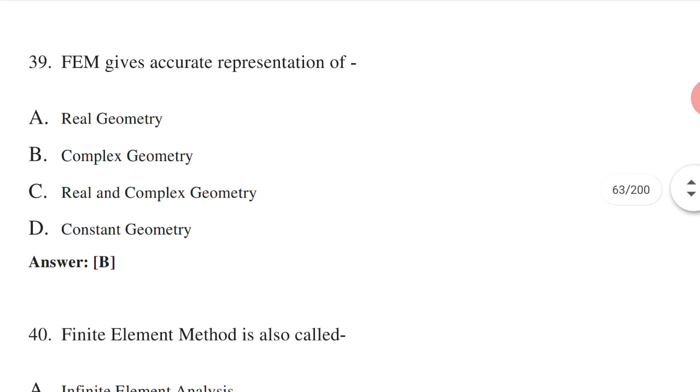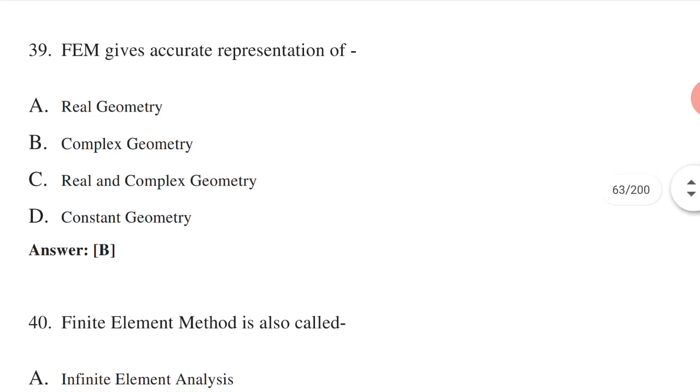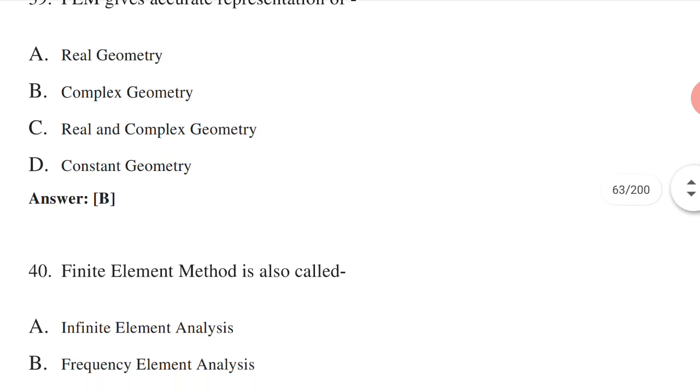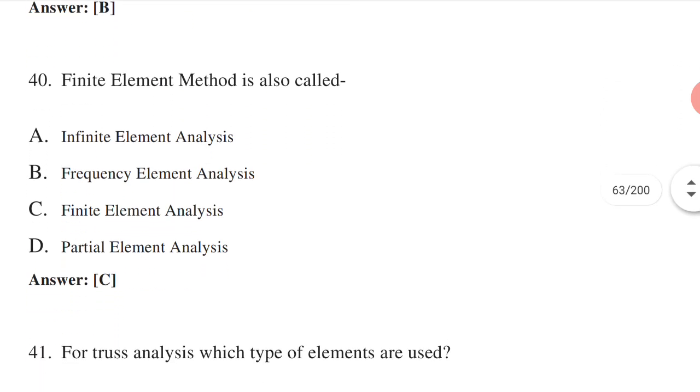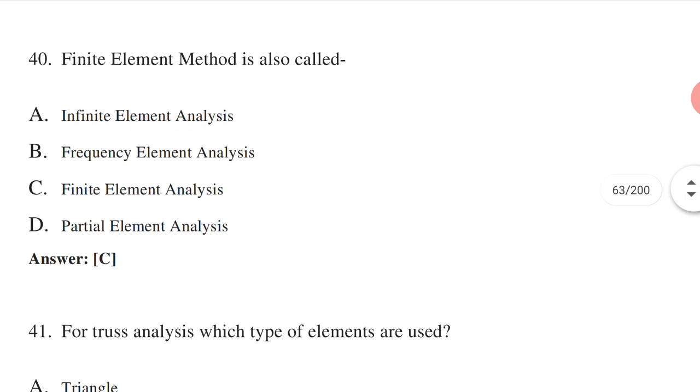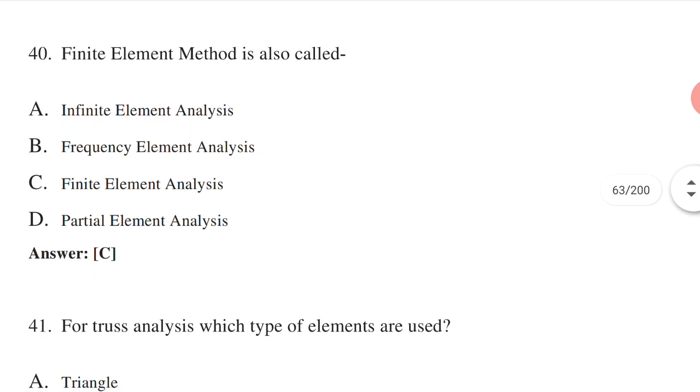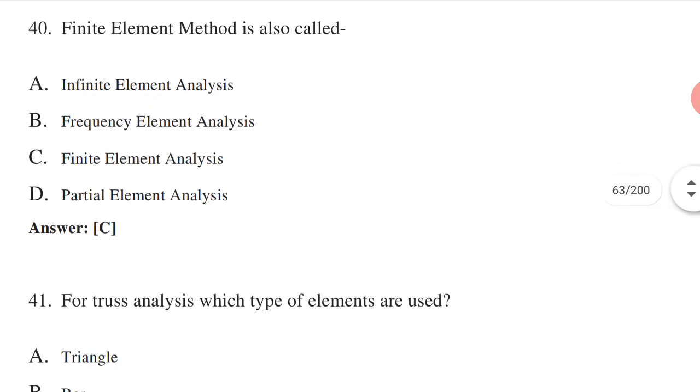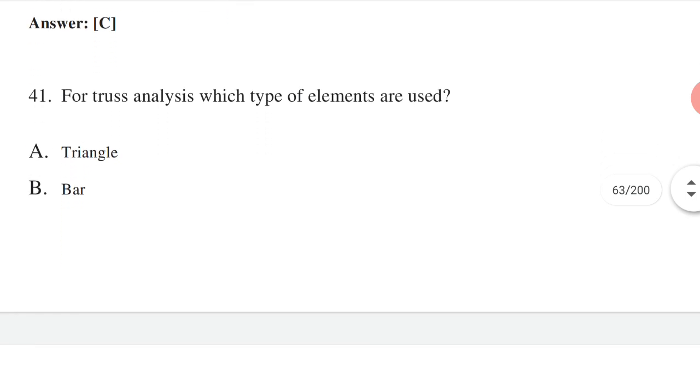As we know, FEM is an approximation method, but here it gives accurate representation of complex geometries. Okay. Next, finite element method is also called as, obviously, finite element analysis. So, it is the second name of finite element method.